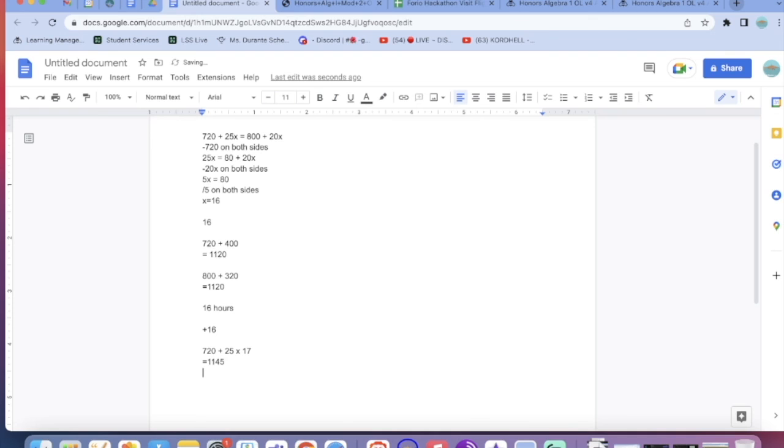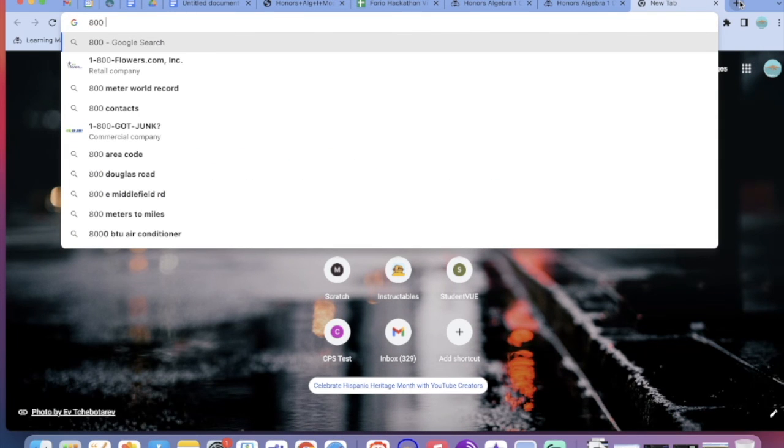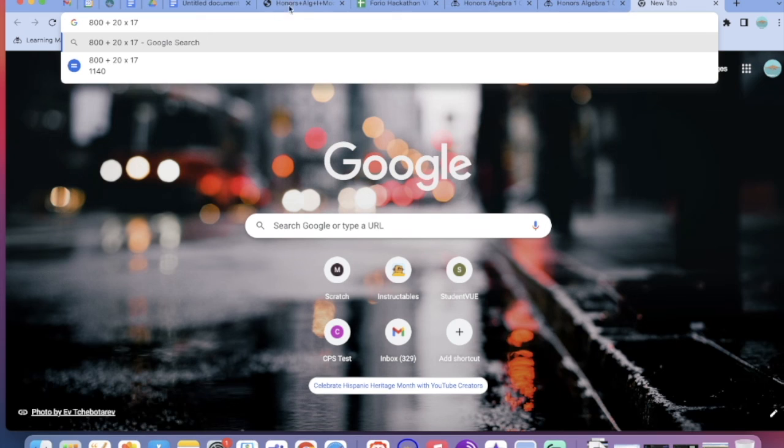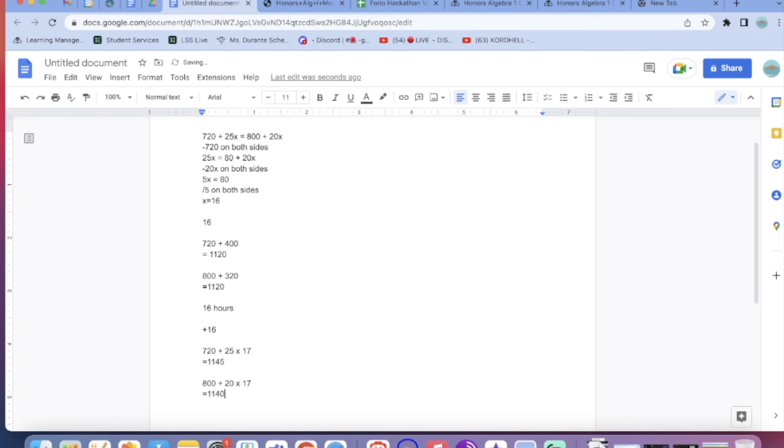If we do the same thing with the other one, 800 plus 20 times 17, that's going to be equivalent to 1,140. And then as this goes along, the Moving King Company is going to slowly become more and more expensive than the McMoving Company.